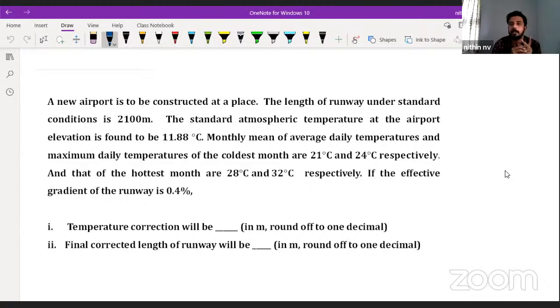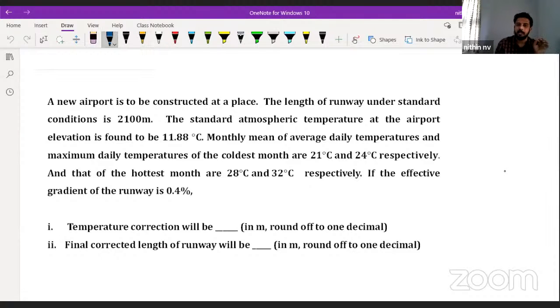If they are not giving it, they will give you 2 data: the average of maximum daily temperatures or the average of average daily temperatures of the hottest month.